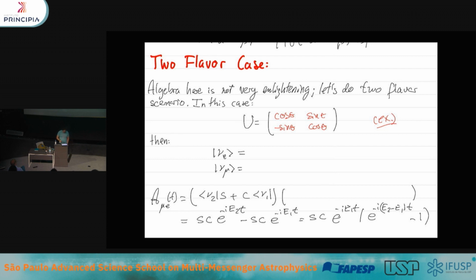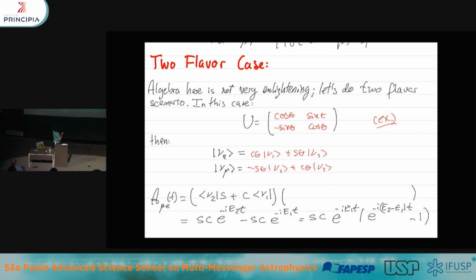And then, of course, what this implies is that, for example, your nu e state will just be given by cos theta nu 1 plus sin theta nu 2, and nu mu is minus sin theta nu 1 plus cos theta nu 2. Okay? And then if I want to compute the amplitude, remember that the amplitude was this state here.